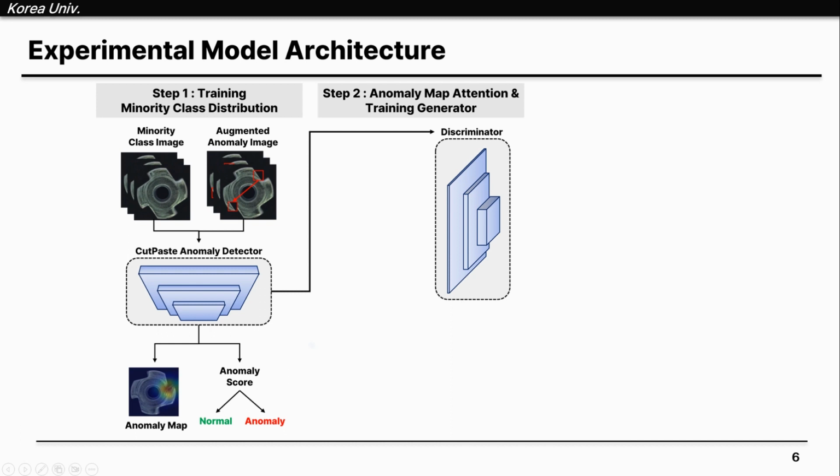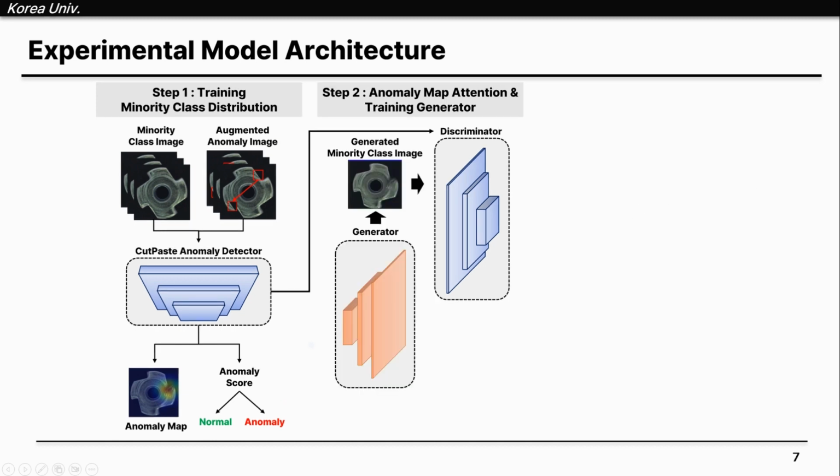Next, I use the trained one-stage anomaly detector as a discriminator for the GAN, a data augmentation model. The generator initially derives random noise images.